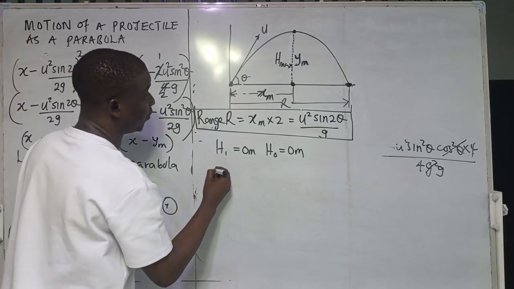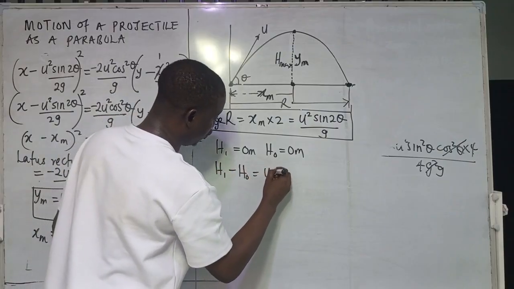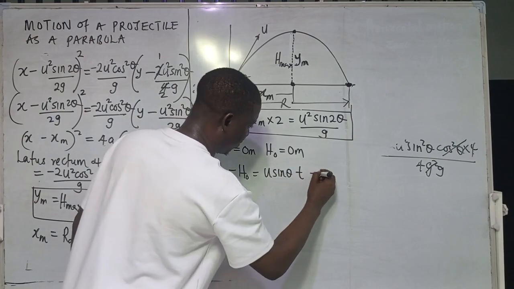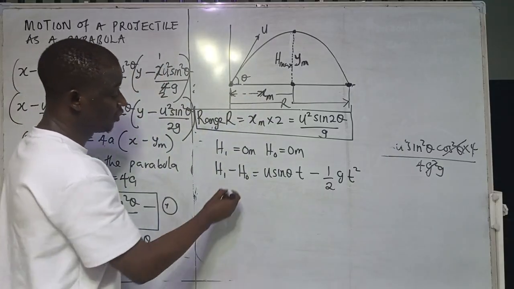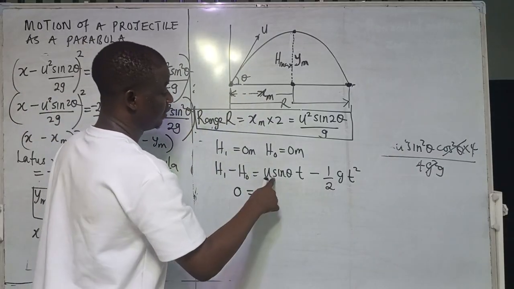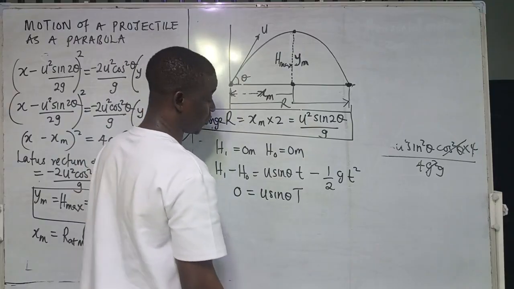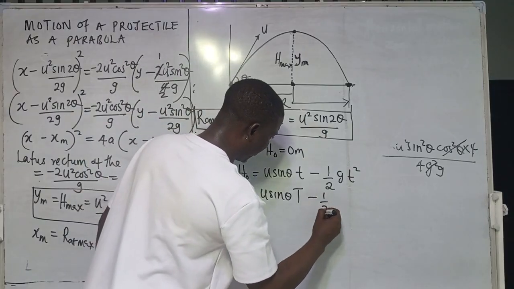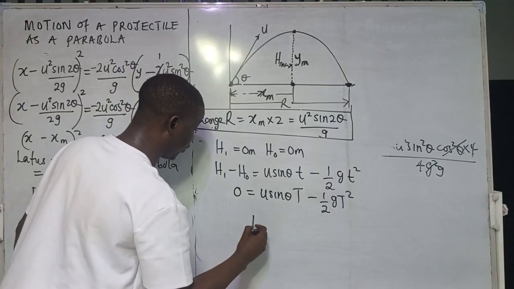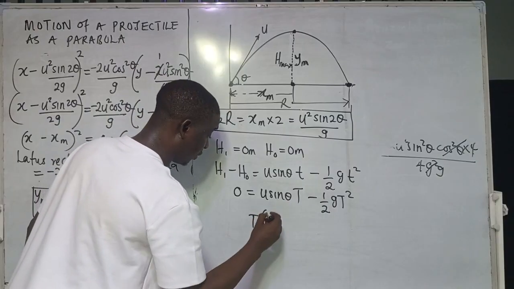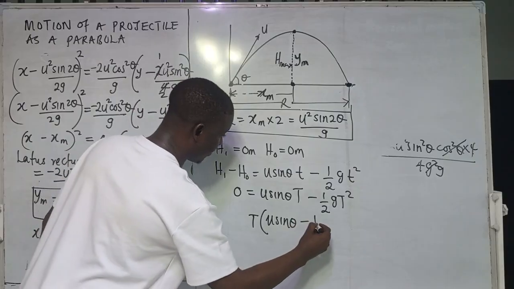So if you use this formula, H1 minus H naught equal to u sine theta times T, minus half g T squared. If you use this formula now, this one is 0. Then this one is u sine theta. Let's use capital letter T to represent time of flight, minus half g T squared. If you factorize this one, what is common? T is common. So what will remain? u sine theta minus what? T is common now. Now be half what?